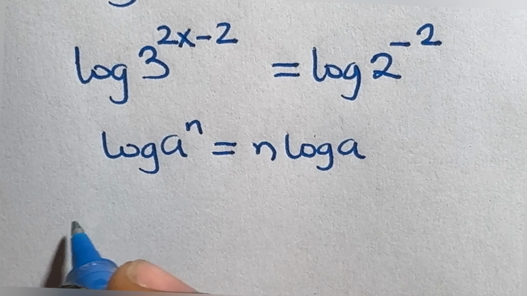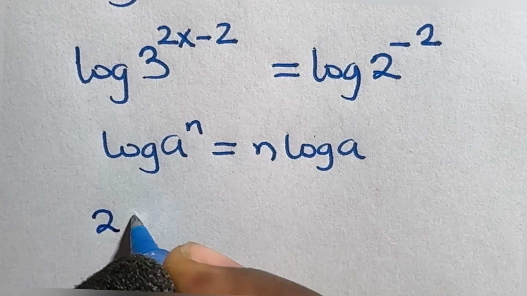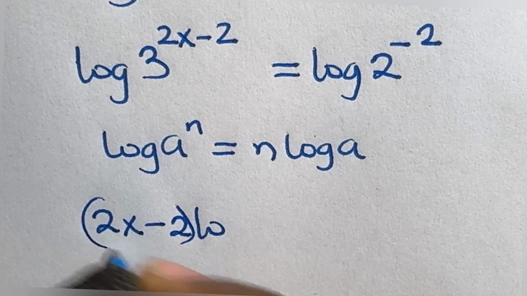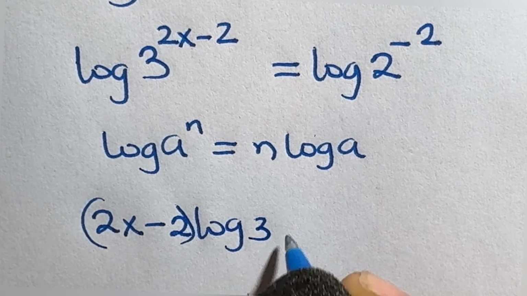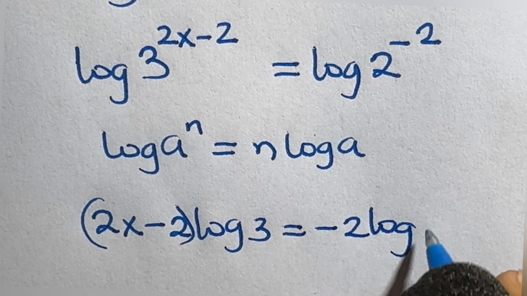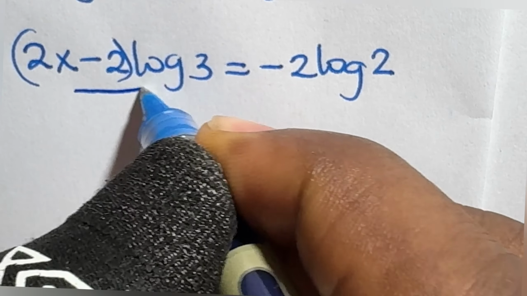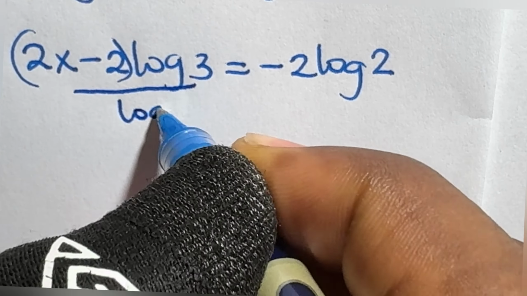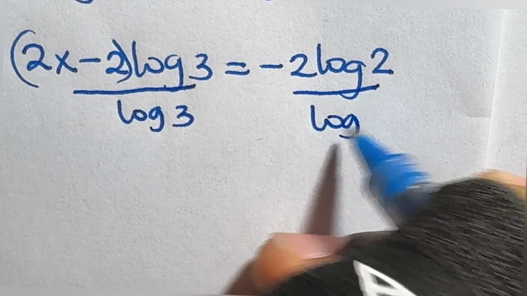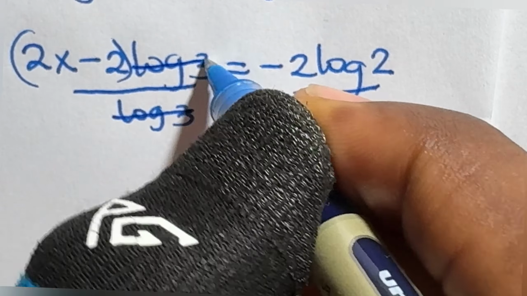This implies that I now have 2x minus 2 log 3 is equal to negative 2 log 2. We will then need to divide through by log 3, so that this can get rid of this.